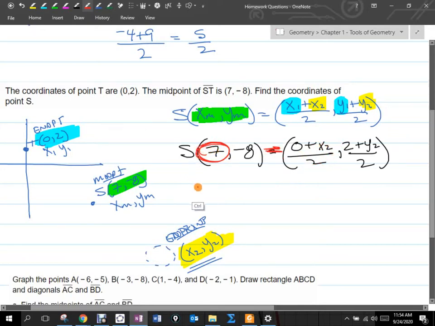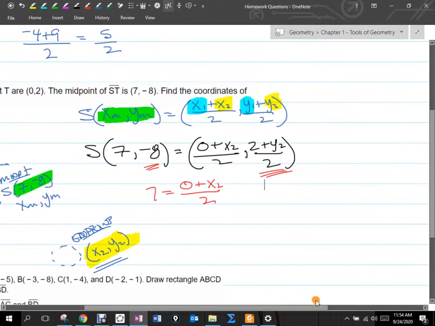So I'm going to relate those. I'll say that 7 is equal to 0 plus x sub 2 over 2. And then that y value correlates to that. So we'll write our second equation as negative 8 is equal to 2 plus y sub 2 over 2.